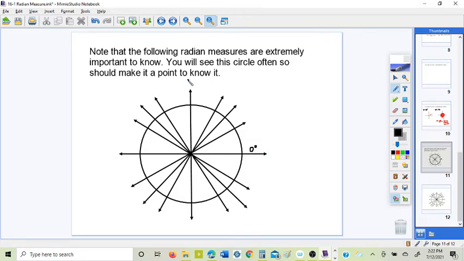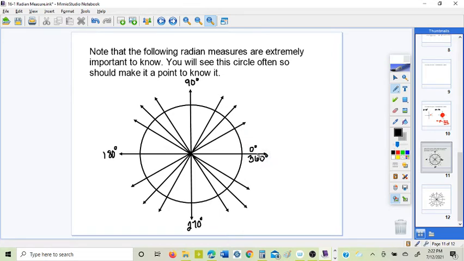This one we know is 90 degrees. Let's do the simple ones first. These are divided up, so this one's at 45 degrees, this one's at 30, and this one's at 60, but we're just going to ignore them for a minute. This is 180 degrees, 270 degrees, and we know that if we went all the way around, we would get to 360 degrees.